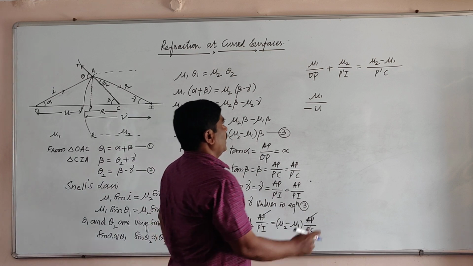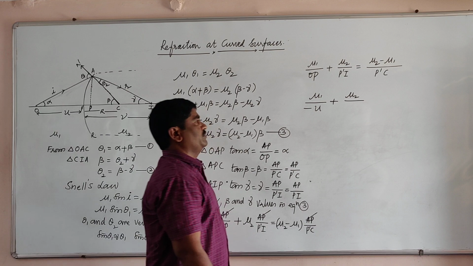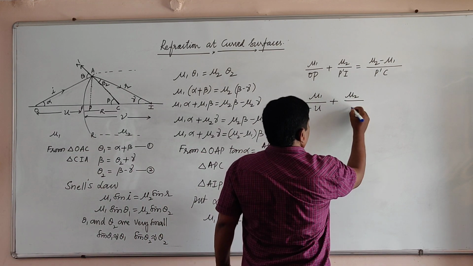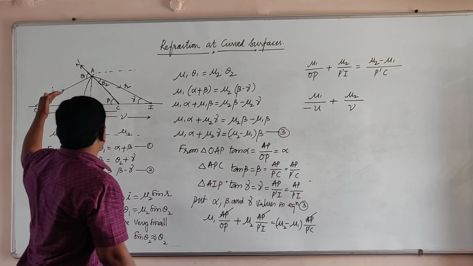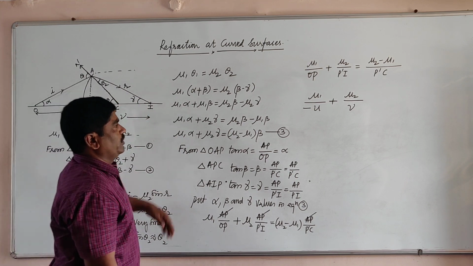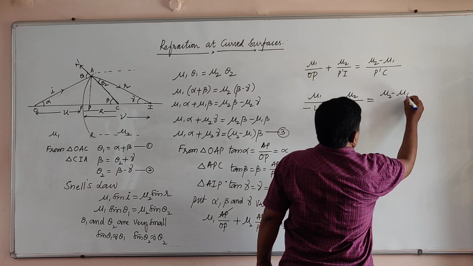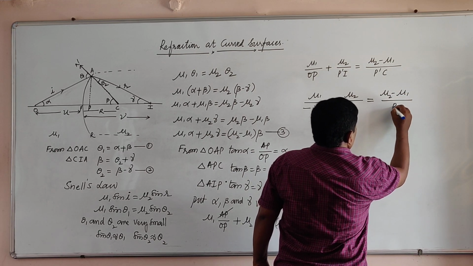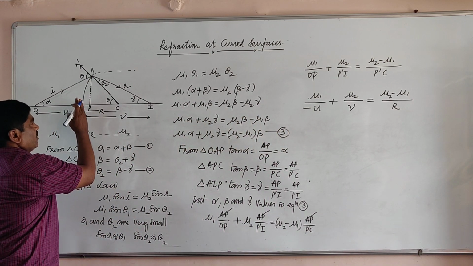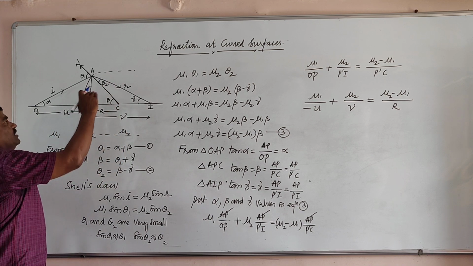Right. Next, this is mu2, the refractive index of the medium in which the image is situated. P dash I is nothing but V, because it is in the direction of the incident ray, and from the pole we are taking, so therefore it is a positive distance. Next, mu2 minus mu1 by P dash C is nothing but R. R is the radius of curvature. Radius of curvature is also taken from the pole towards the right side, in the direction of the incident ray only.